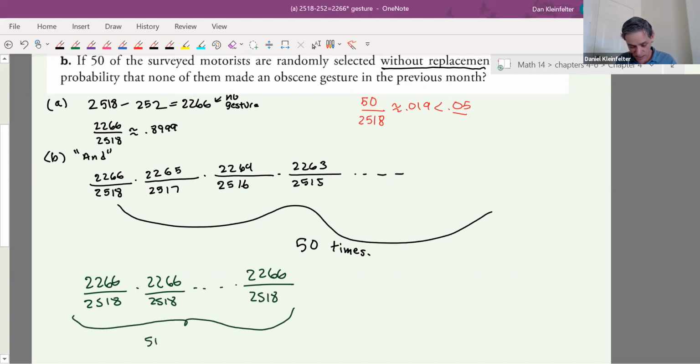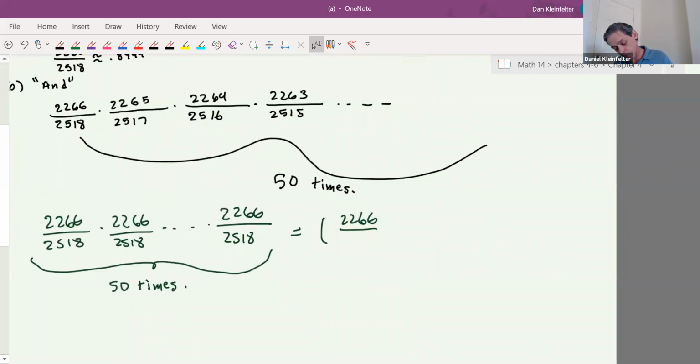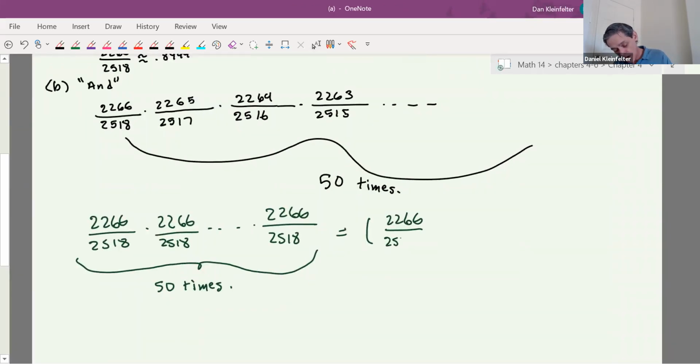So our 50 times, we're going to use an exponent for this. So that's 2,266 out of 2,518. We're going to raise that to the 50th power. Remember, repeated multiplication we can replace with raising values to a power. So this is way easier.